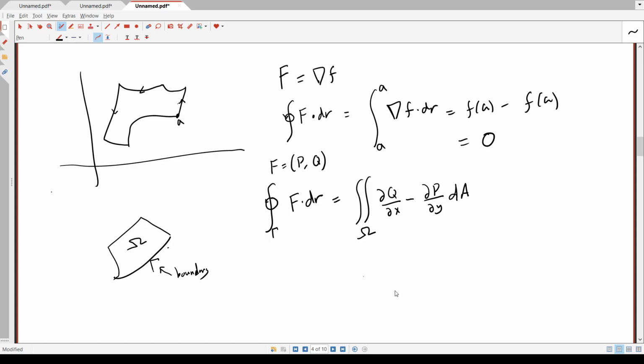Okay, so let's see an example. One second while I copy an example.